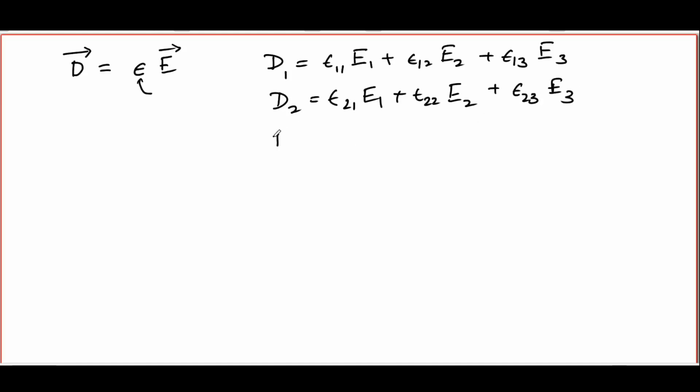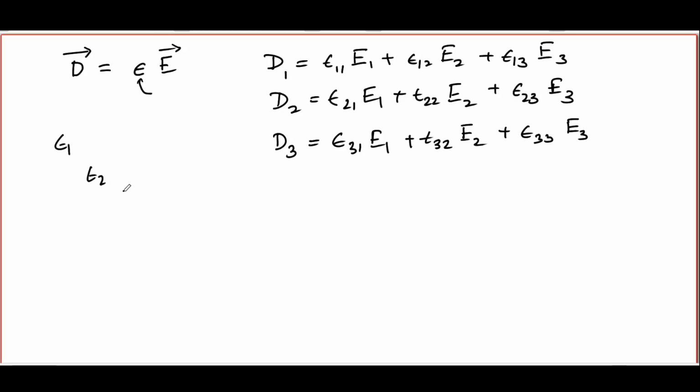Once again, on purely physical grounds, you can show that this is the symmetric second rank tensor, and so by carrying out an appropriate similarity transformation, in particular a rotation of coordinates, you should be able to go to a situation where the epsilon tensor becomes diagonal.